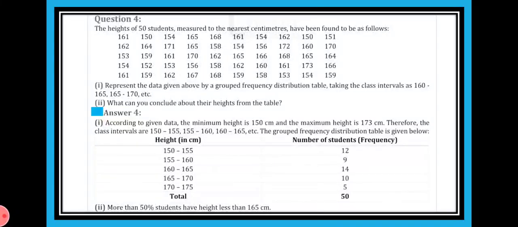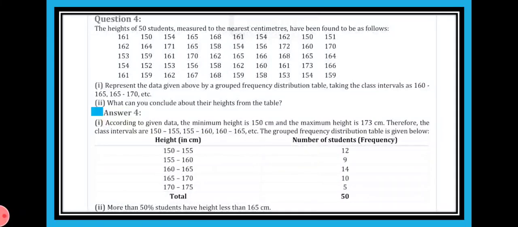Again, two columns: first height in centimeters and second column for frequency, that is the number of students. Now the minimum is 150, so we will start from 150 to 155, and the maximum is 173. We have to take the class size as 5, so it will go up to 175.